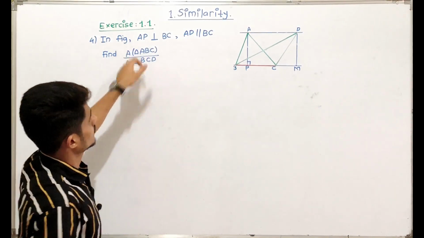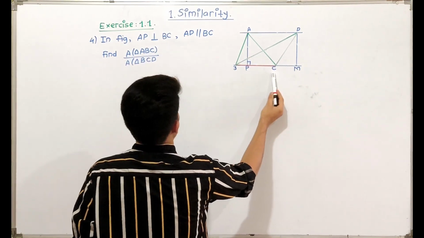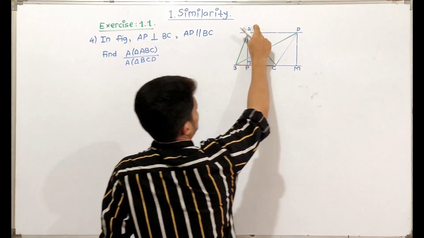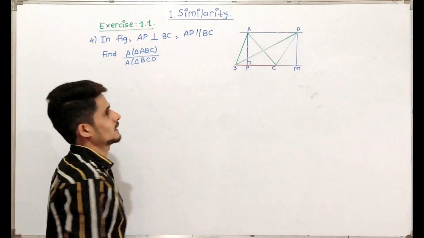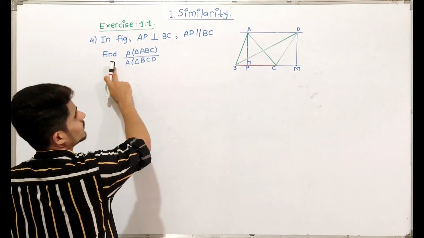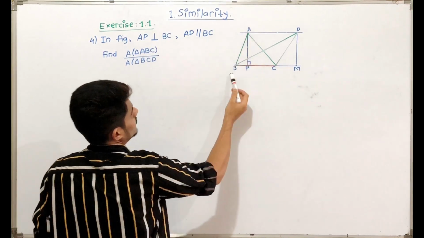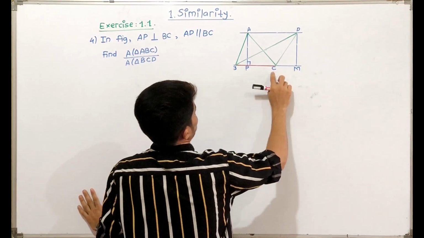In the figure, AP is perpendicular to BC and AD is parallel to BC. Find the area of triangle ABC upon the area of triangle BCD.